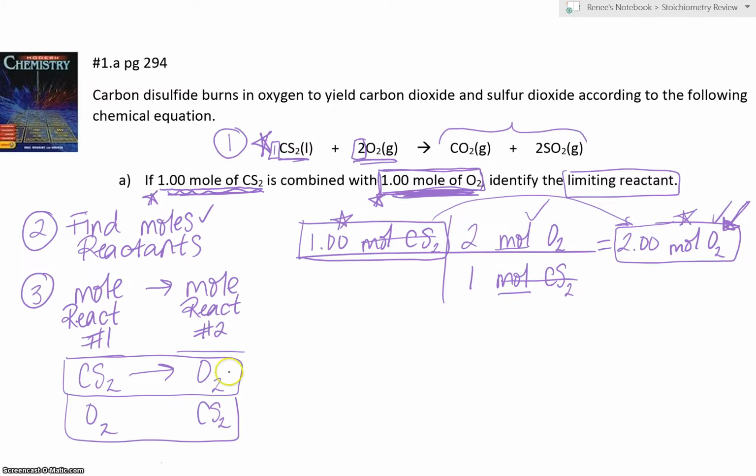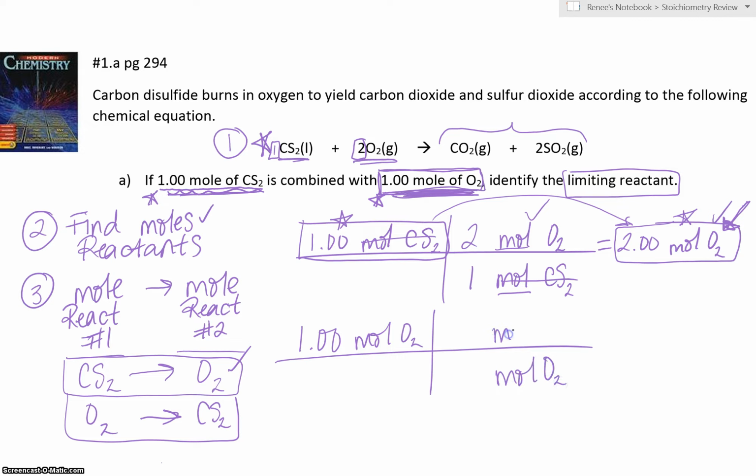The next calculation, I've already done this one. The next one will go from oxygen to carbon disulfide. So, given in the problem, because we always start with the givens, 1 mole of oxygen gas. I need to cancel my oxygen gas, so I'll put moles of oxygen gas on bottom, and I'll put moles of carbon disulfide on top.